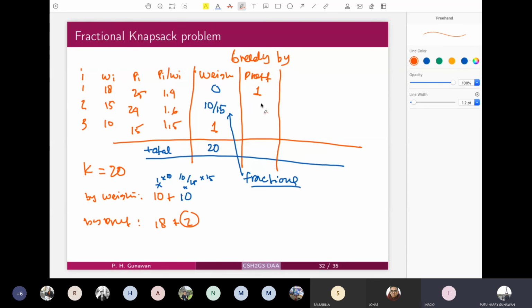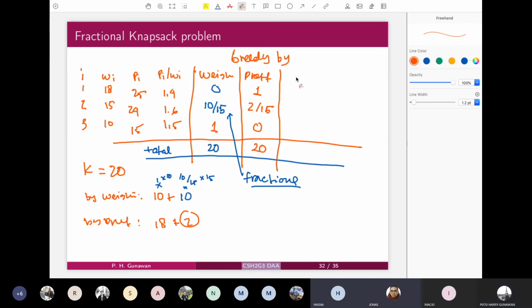Then I choose the second largest, which is 24. Since this is 15, this is 2 over 15, and this is 0, and this is where you get 20.